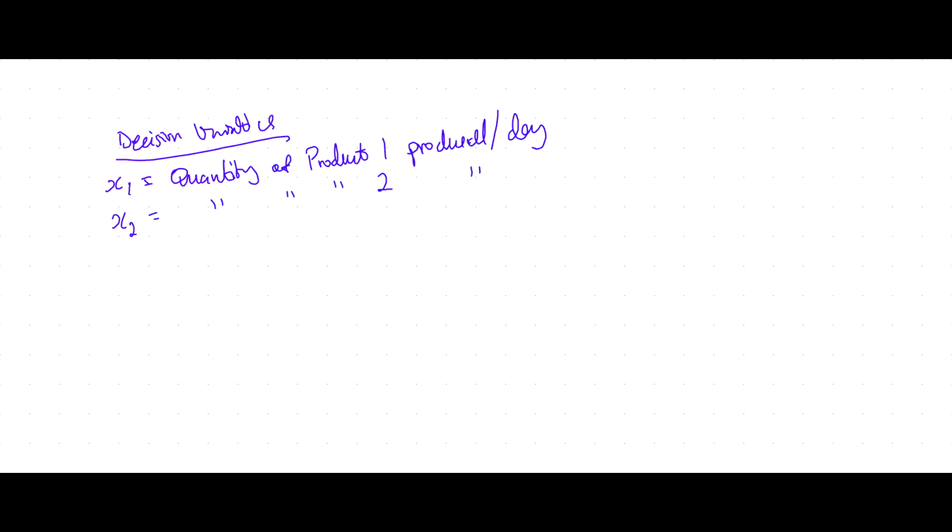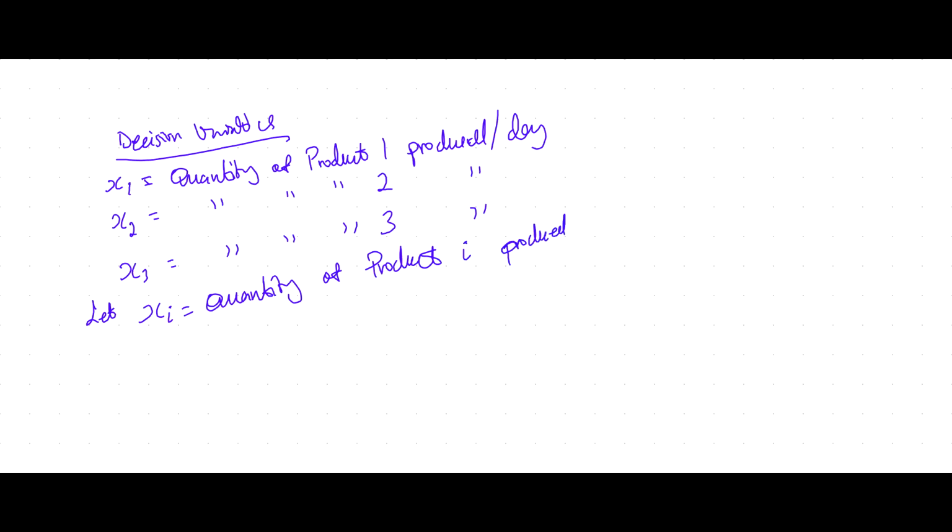Then we have X3, the quantity of product 3 produced per day. So you see that there is a trend here. So we will say that let Xi be the quantity of product i produced per day. So this is then the decision variables.